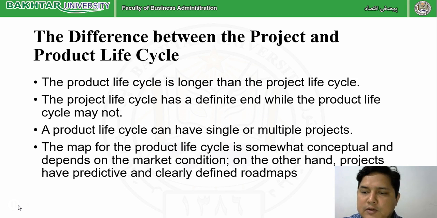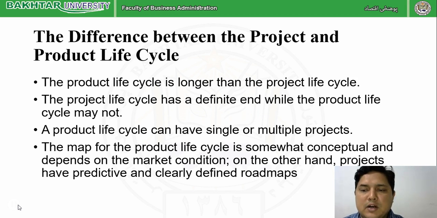During the introduction stage, there is no other project. Then when this product goes to the growth stage, we may start another project of starting a new product. When the first product goes to the maturity stage, we may make some changes in this product, so changing it is again a new project.